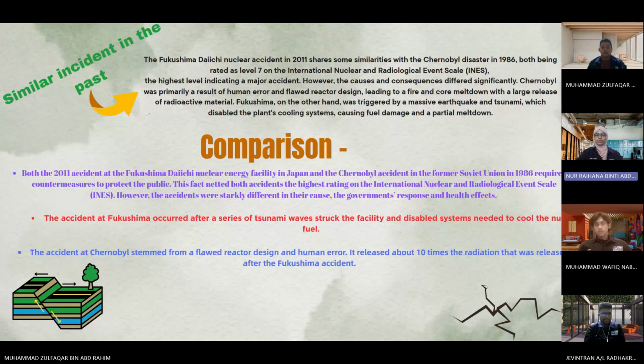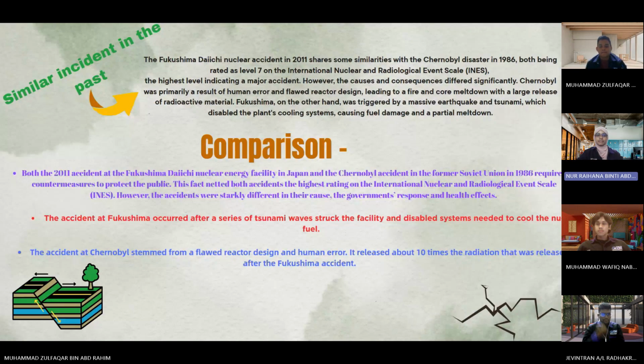Fukushima, on the other hand, was triggered by a massive earthquake and tsunami, which disabled the plant's cooling system, causing fuel damage and a partial meltdown. The comparison between these two incidents is as follows. The first one is that both the 2011 accident at the Fukushima Daiichi Nuclear Energy Facility in Japan and the Chernobyl accident in the former Soviet Union in 1986 required countermeasures to protect the public.